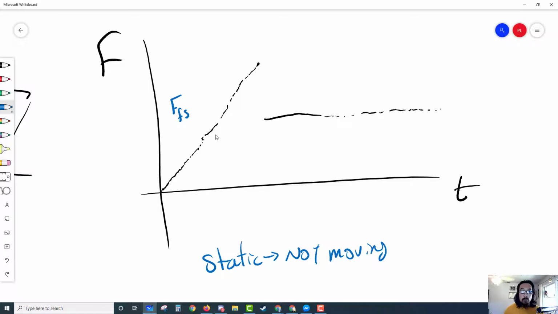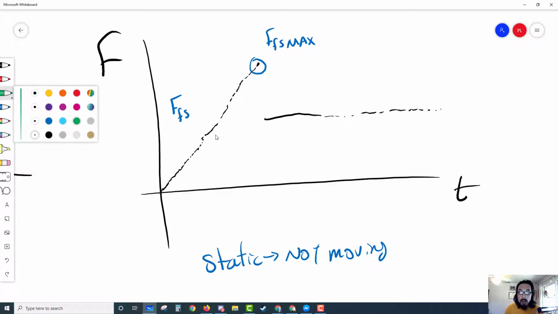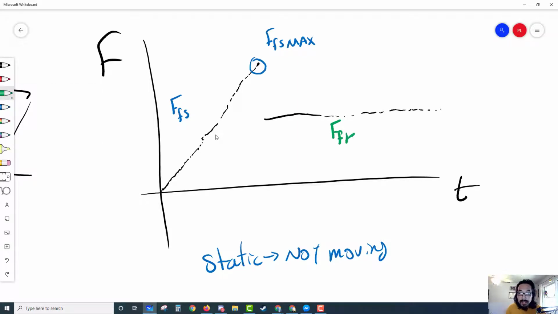And so we pull until we get to this part right here. Right there, that's very important. This is what we call the force of friction static. This is the max. And at that point, that is the exact moment when the object will start to move. And then we get down here, this is what we call force of friction kinetic.